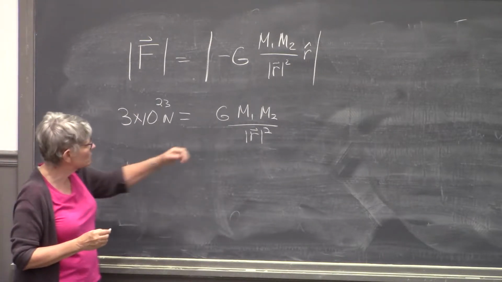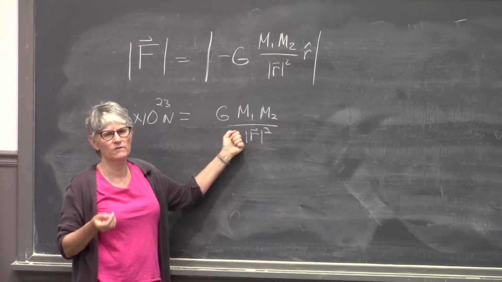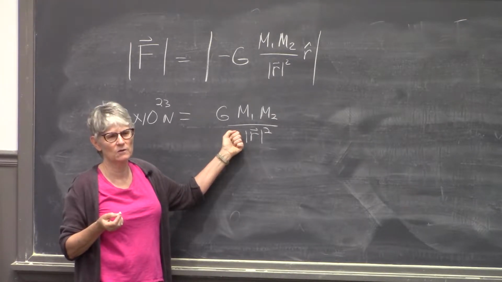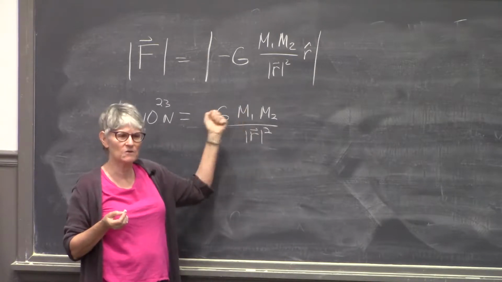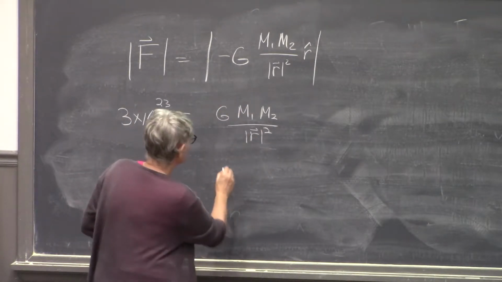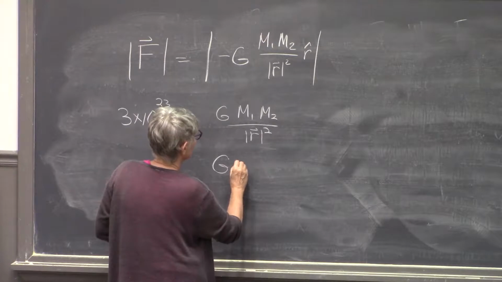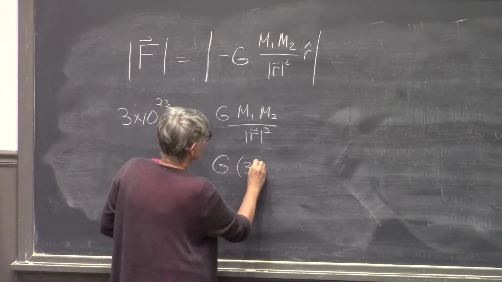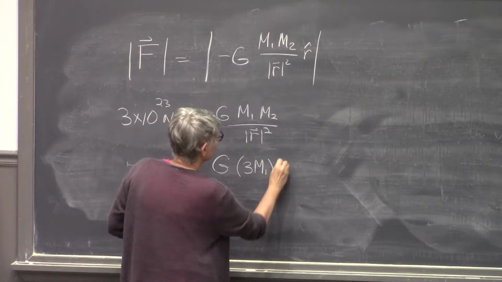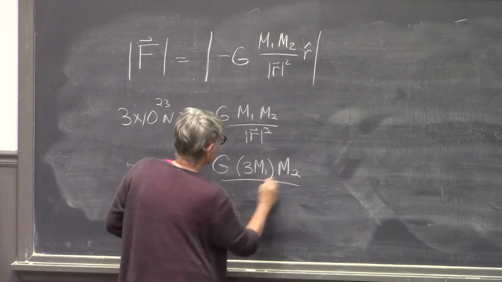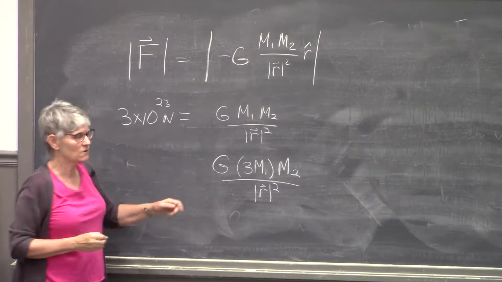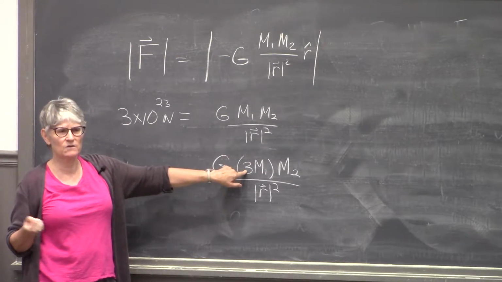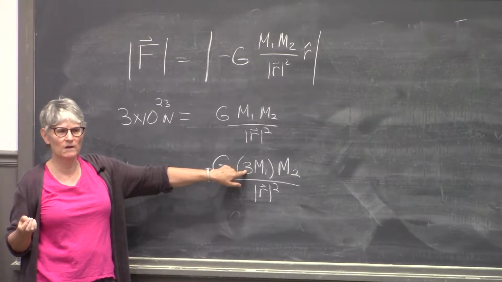So what are we changing in this equation if we triple the mass of the moon? One of these m's, right? m1. So what we're looking at is G times 3 m1 times m2 over the magnitude of r squared, because now we multiplied the mass of the moon by 3.